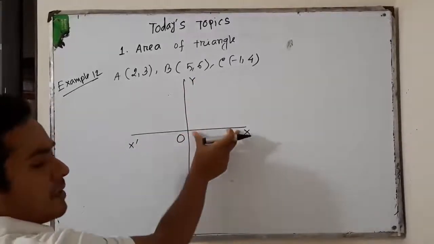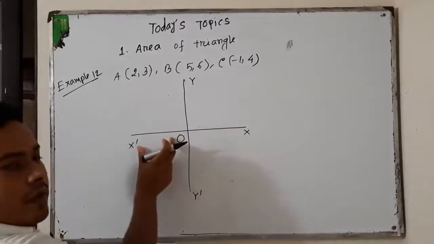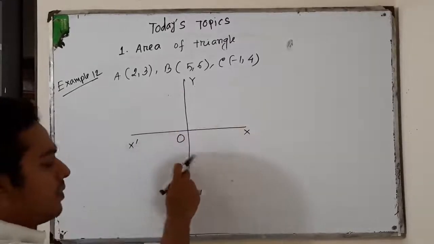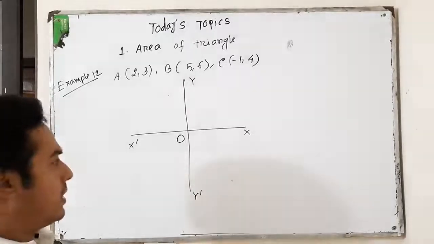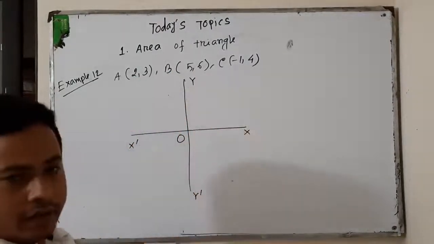This is the positive direction of the x axis, the negative direction of the x axis, the positive direction of the y axis, and the negative direction of the y axis. In the previous class we already discussed how to plot a point in the xy coordinate system.